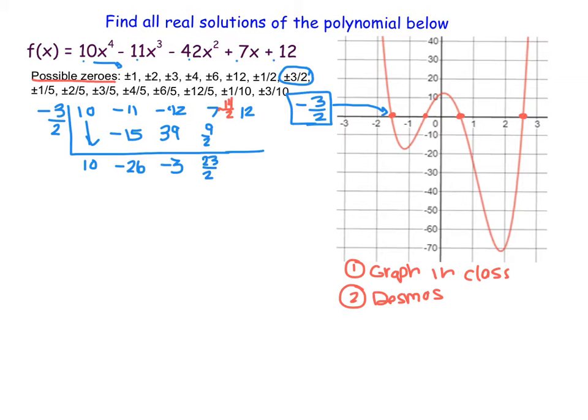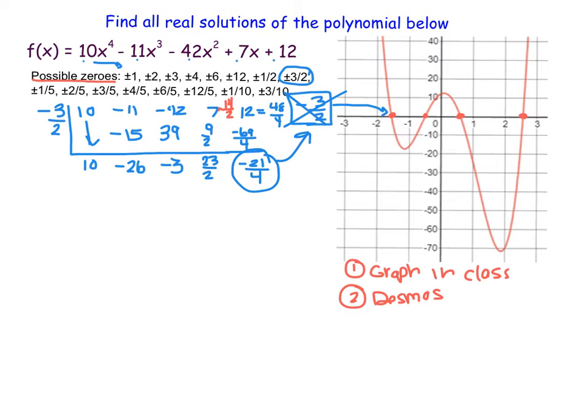And then I multiply that by -3/2, which becomes -69/4. Well, I convert the 12, that becomes 48/4. So I end up with a remainder of -21/4. Because I have this remainder here, that tells me that -3/2 is not one of my zeros, which is kind of a bummer. I was really hoping it was.